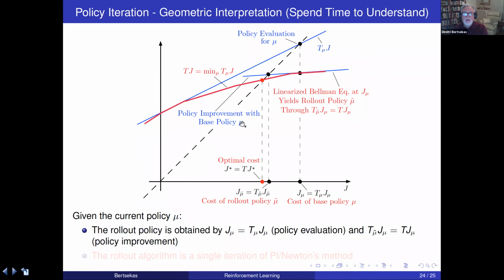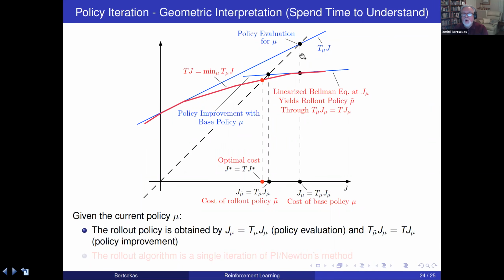Okay, so each slope here corresponds to a different policy, and as you change the policy, this blue line changes and gives you the corresponding evaluation. Now, suppose we start with a policy, evaluate it, like I've described here. So we linearize Bellman's equation and solve the linearization, obtain this J mu.